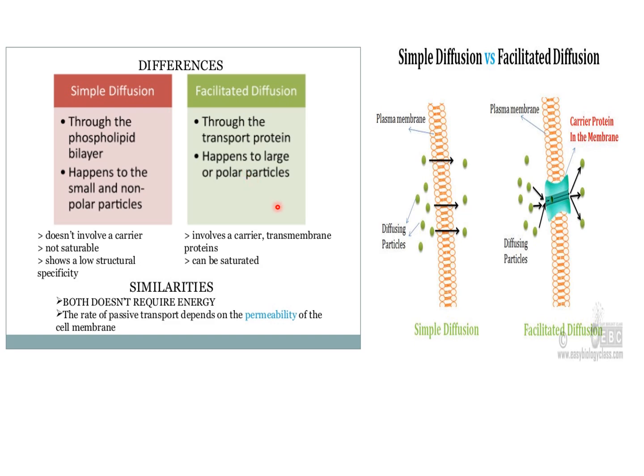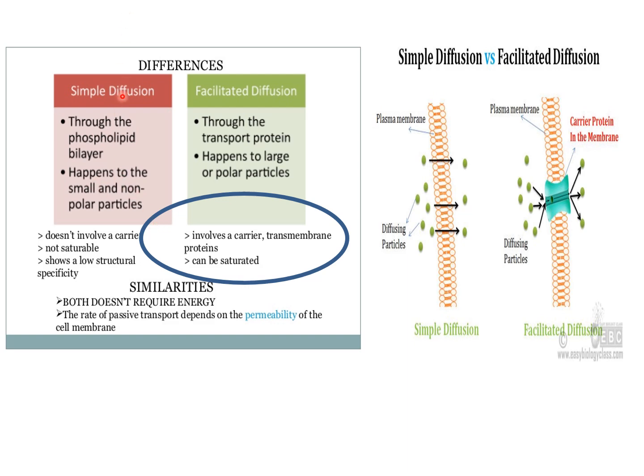Now how do they actually differ? Simple diffusion occurs through the phospholipid bilayer of the cell membrane, and it mainly happens for small and non-polar particles.